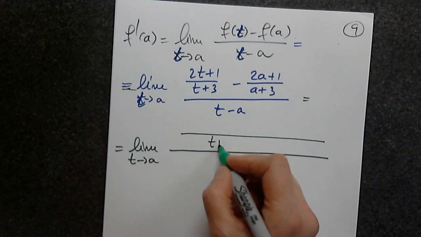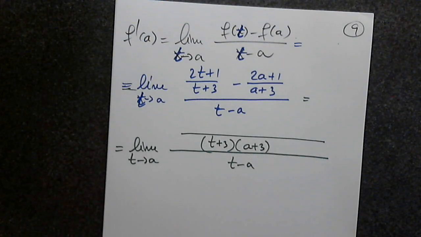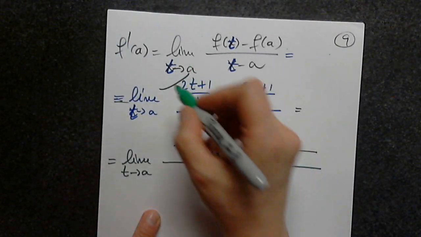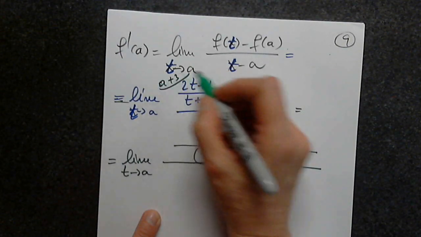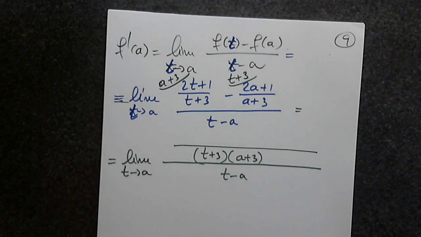The product, right? Correct? They have nothing in common, so it must be t plus 3 times a plus 3, correct? Agreed? Okay, so then the top needs to be multiplied by a plus 3 for the first fraction and by t plus 3 for the second fraction.